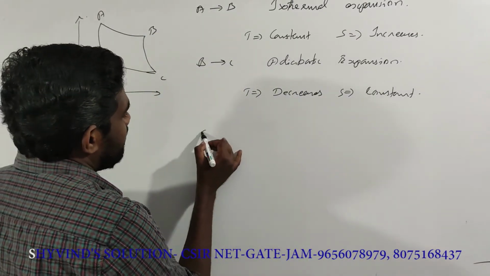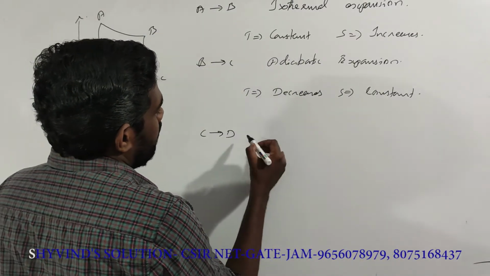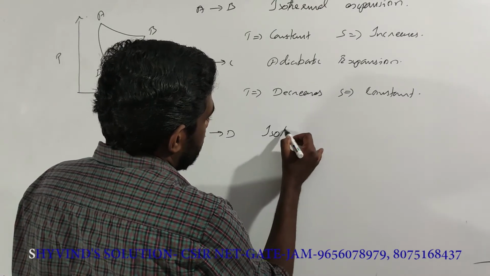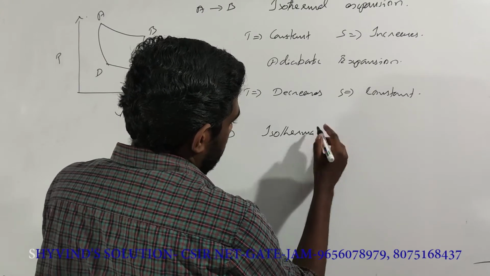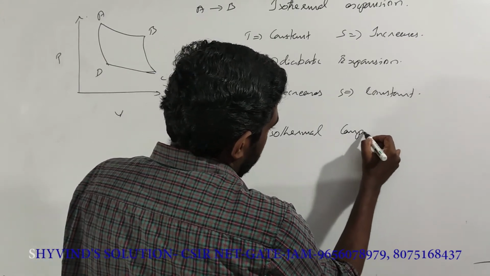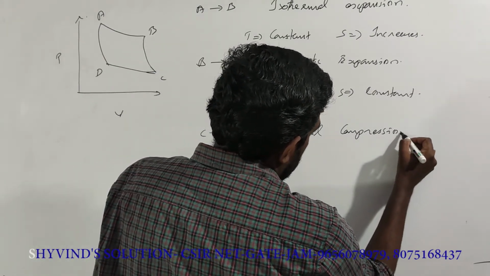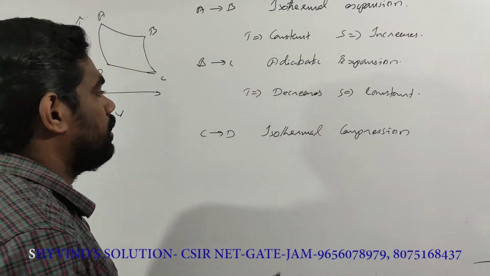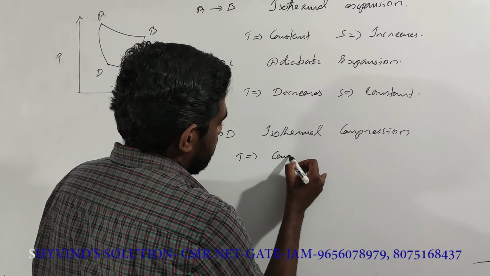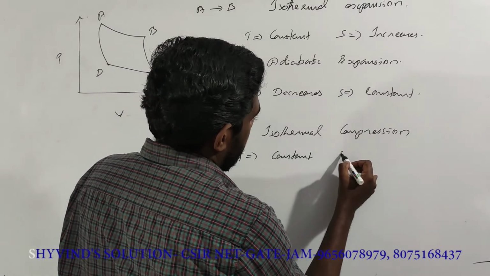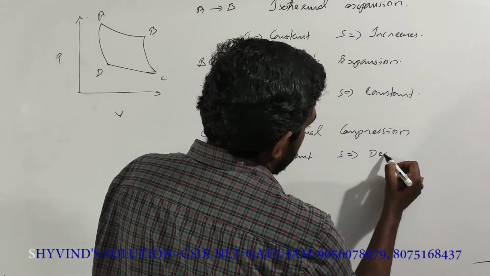Next process, C to D, that is isothermal compression. During isothermal compression, temperature remains constant and entropy decreases.